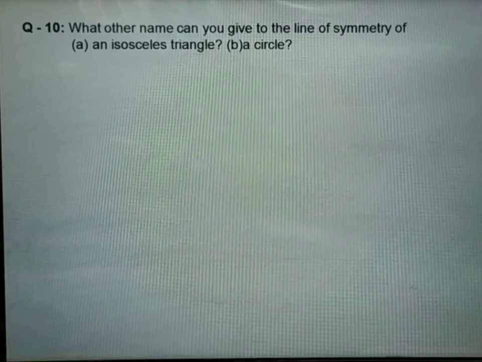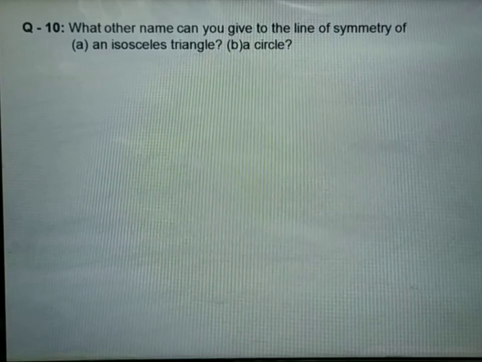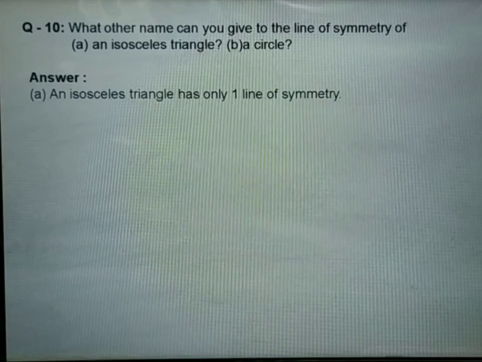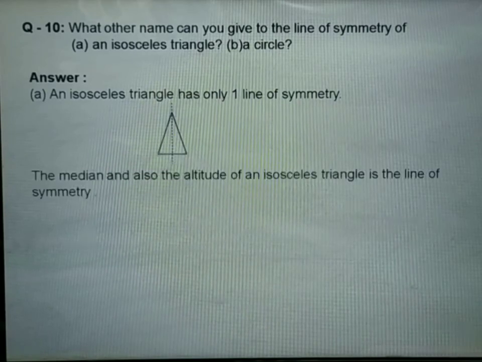Question number 10. What other name can you give to the line of symmetry of A. an isosceles triangle, B. a circle? Answer. A. An isosceles triangle has only one line of symmetry.